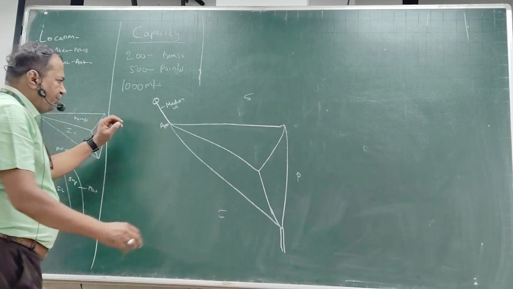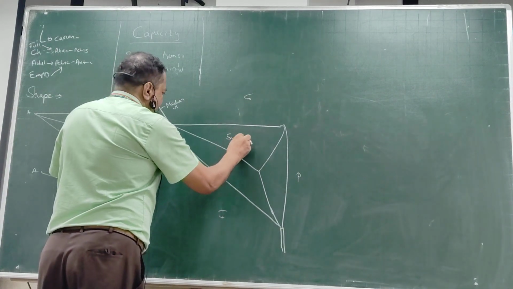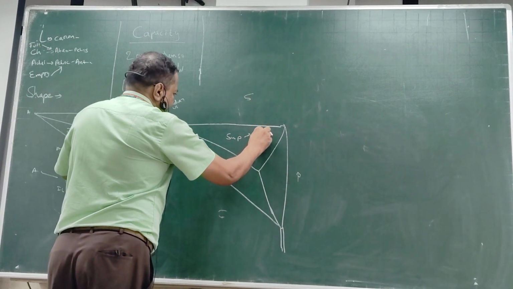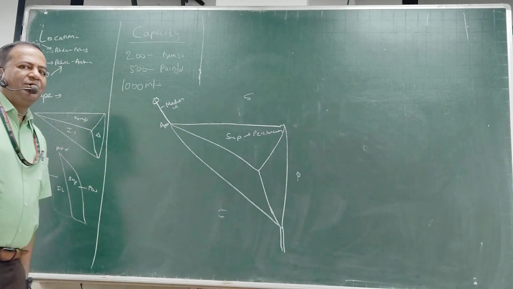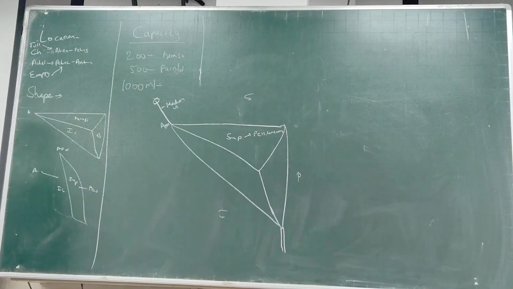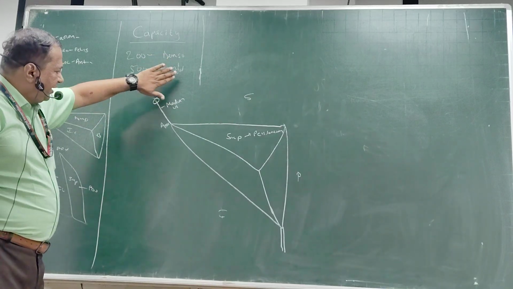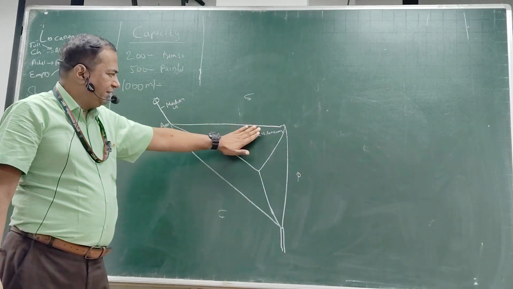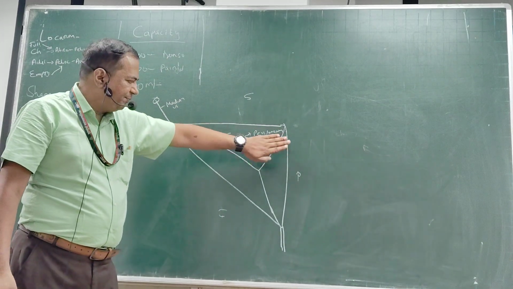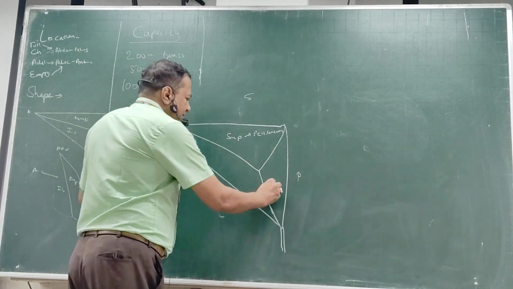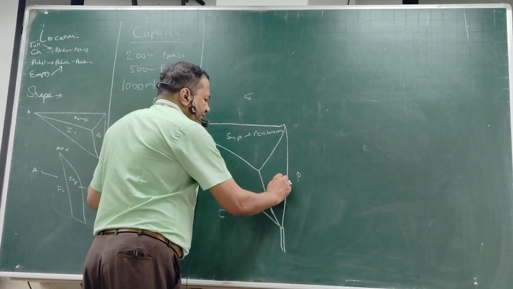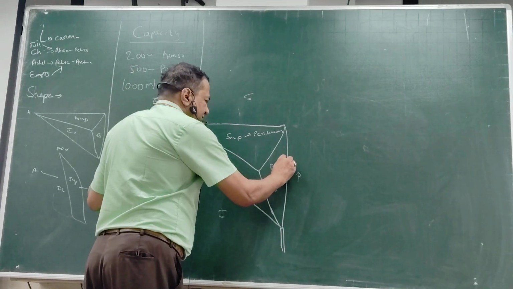Now, the superior surface is the only surface covered by peritoneum. Okay? So the peritoneum comes from the anterior abdominal wall like this, comes here, dips here and then goes on. So the upper part of the base is related to the pouch.